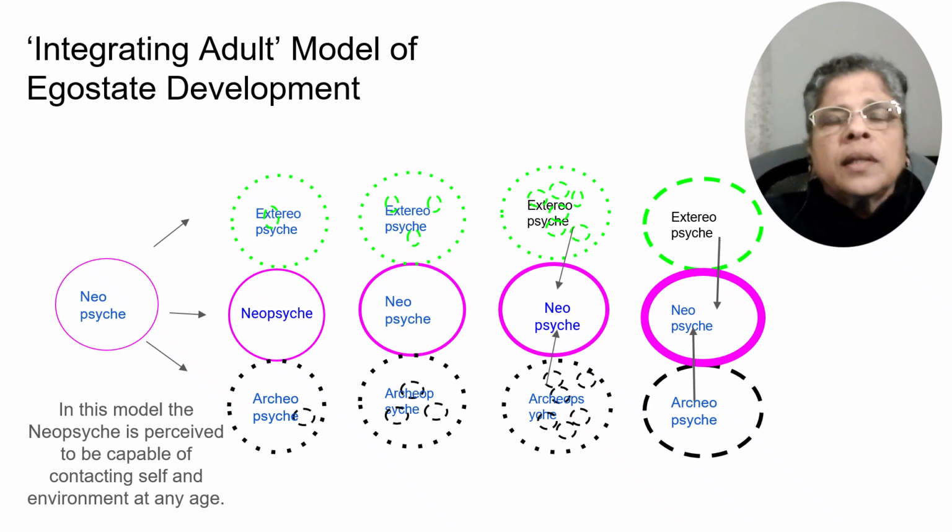And so here the word integrating is used because it's current and now. Berne had used the word integrated, but in this model we use integrating adult.